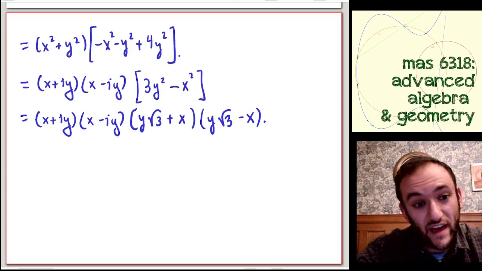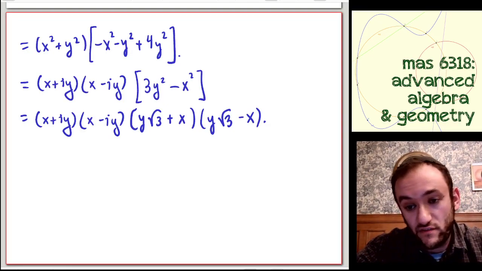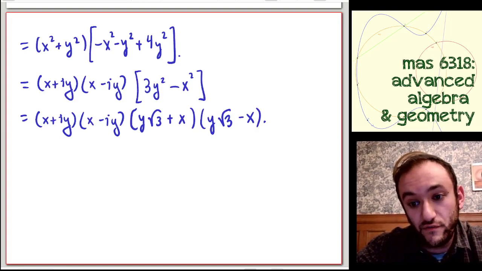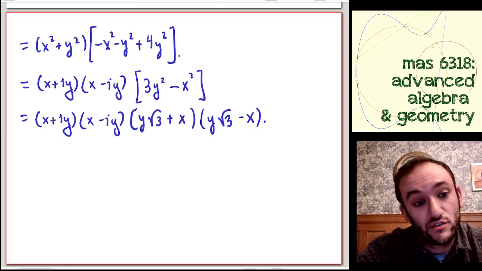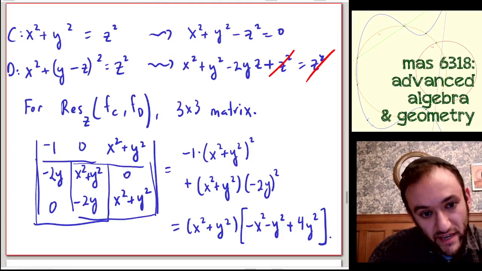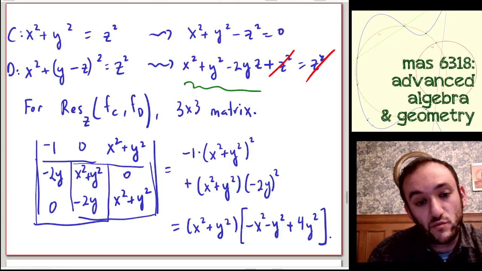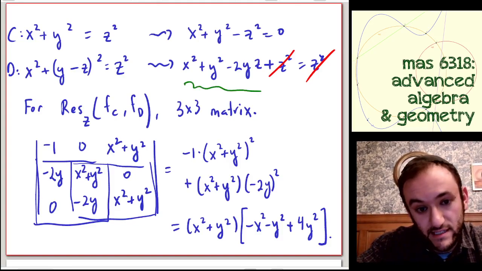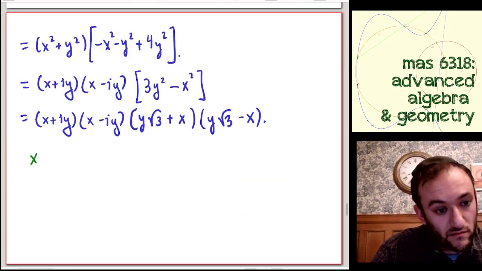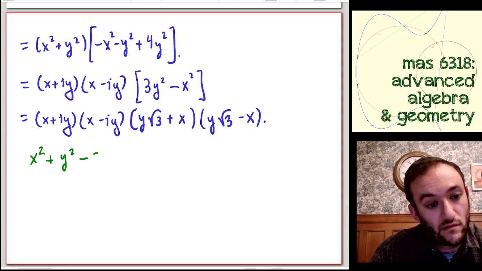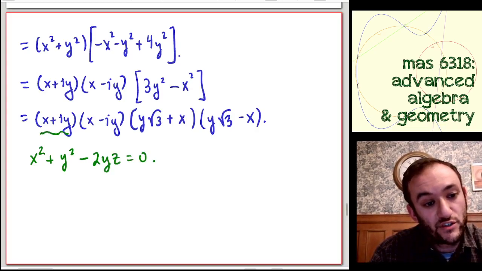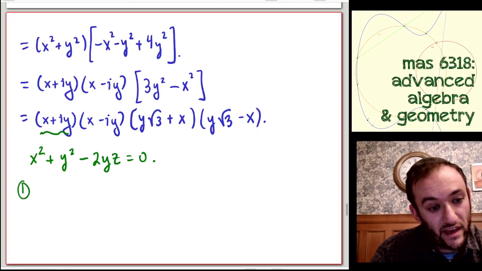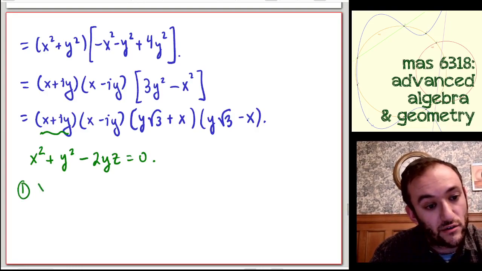Let's take this factored polynomial and translate each of the factors into a solution of these two equations, an intersection of these two curves. So the more basic equation here is this one, x squared plus y squared minus 2yz equals 0. So let's take that and then plug in whatever information we have. So suppose this first factor was 0, so we would have x plus iy equals 0, so that means that x is equal to minus iy.